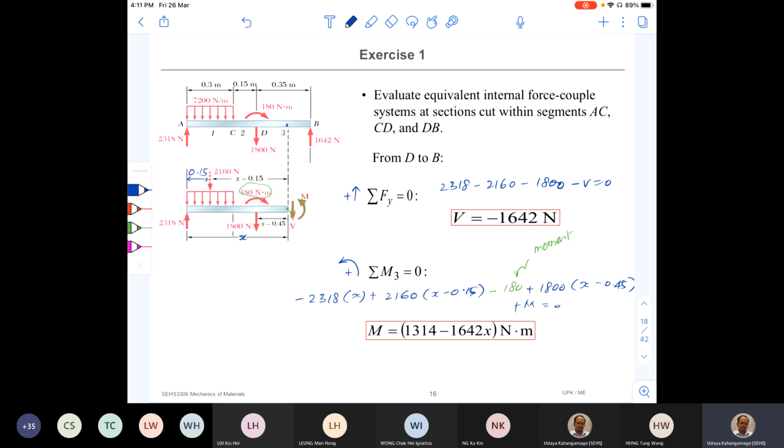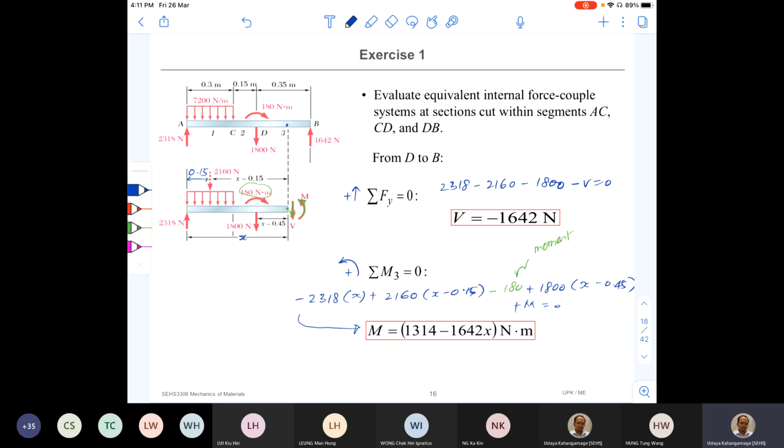Now you simplify this one and see whether you can get the final solution. So it's a linear function, right? What we did actually is write 6 equations: 3 equations for shear force and 3 equations for bending moment.